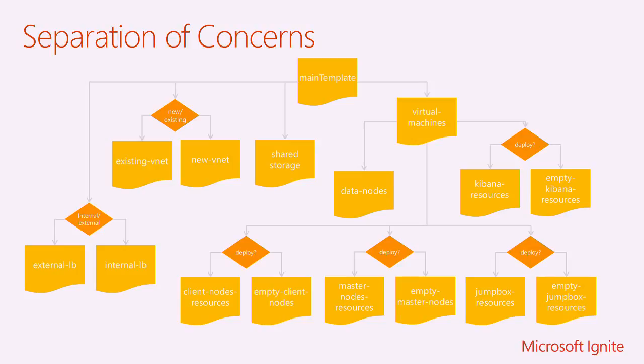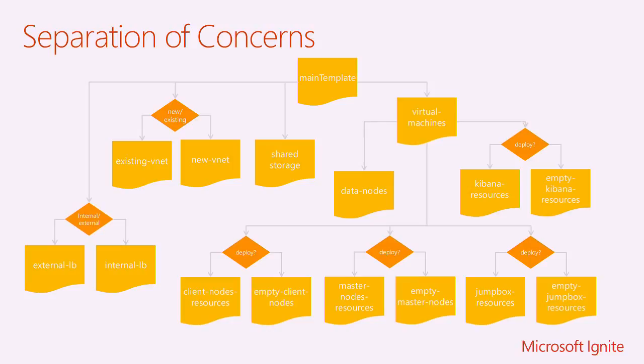With virtual machines, we deploy the data nodes. Has the user decided to deploy Kibana here on the right? If they have, call into the Kibana resources template. If they haven't, call into the empty Kibana resources template, and so on and so forth for client nodes, master nodes, jump box, internal or external load balancer, existing or new virtual network, and then the shared storage as well.